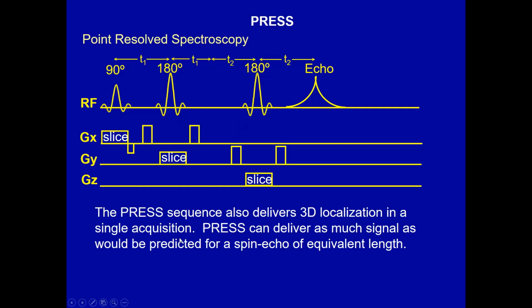And the 180-degree pulses are generally not as spatially selective as the 90-degree pulses for STEAM. So if you are acquiring data from a volume that is near a troublesome area, an area with poor B1, B0 inhomogeneity, like the proximity to the sinuses, or maybe you're near an area where you can't tolerate even a little contamination, like from the scalp, you may be better off using STEAM than PRESS.